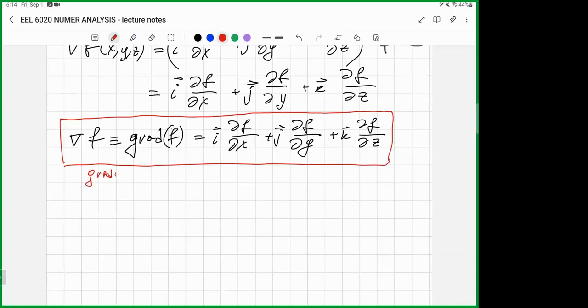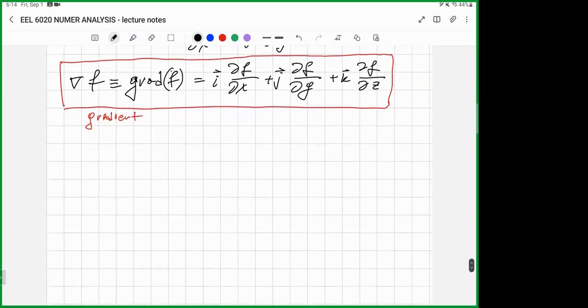Gradient. The gradient. So let's first discuss some properties of gradient, and then we will solve some problems.